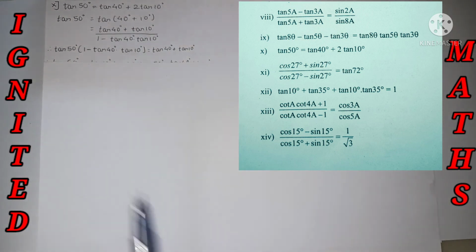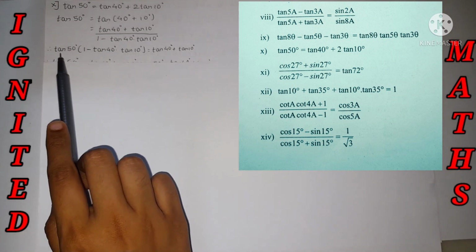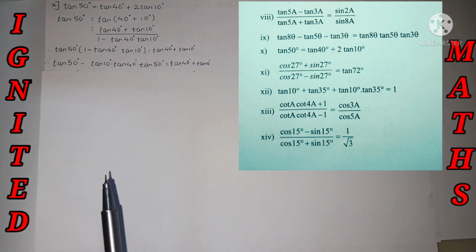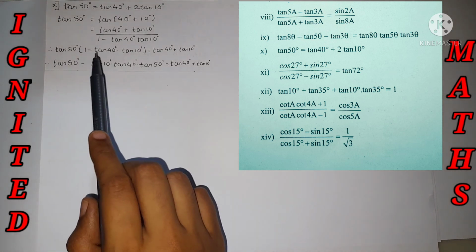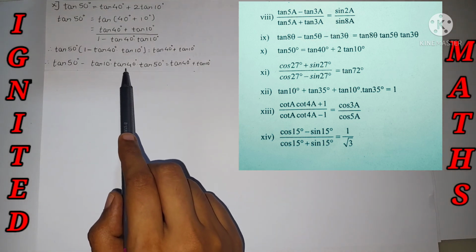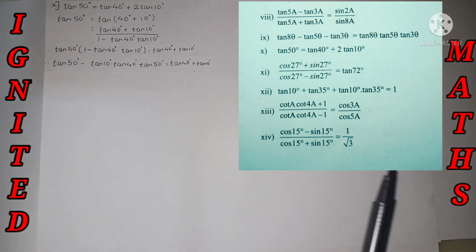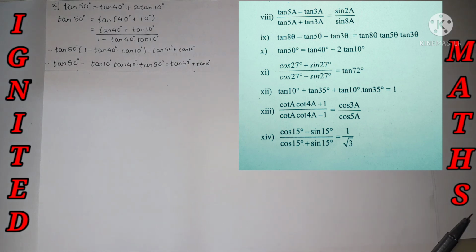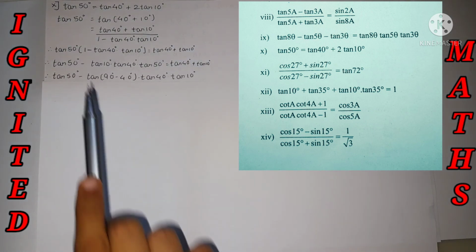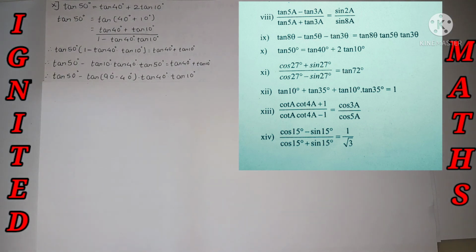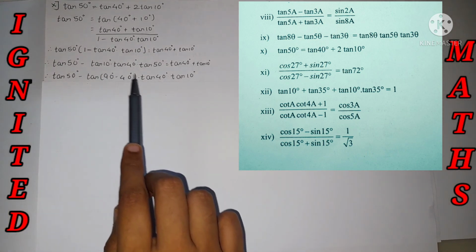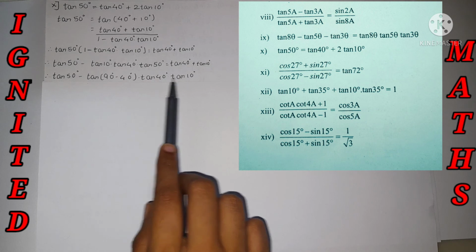So the numerator part is as it is, and multiply tan 50 with each and every term. So that we will be getting the answer: tan 50 degree minus tan 10 degree into tan 40 degree into tan 50 degree. Okay, just take the relation of it in this way. If we take it, we will be getting the answer. Okay, and tan 50 degree we have kept as it is, no changes on it. Now tan 10 degree, tan 40 degree, I have not made any changes to it.